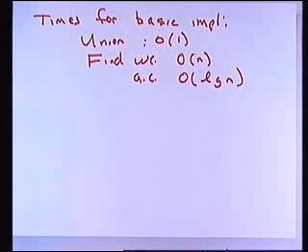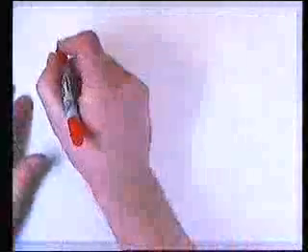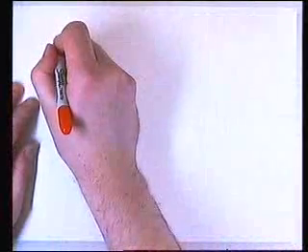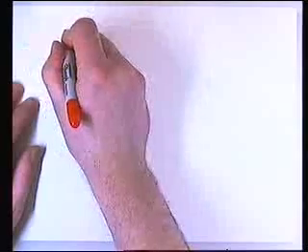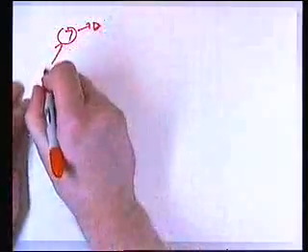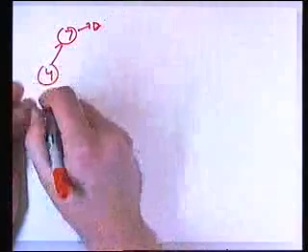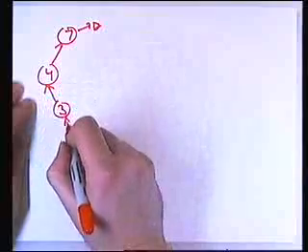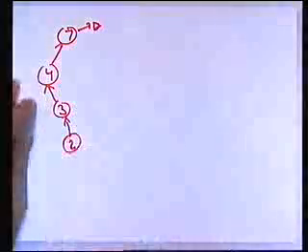And the idea behind union, if we're looking at two trees here, is, what if I have this tree, and I have here, say, 7, that points to null, and here I have 4, and here I have 3, and here I have 2.